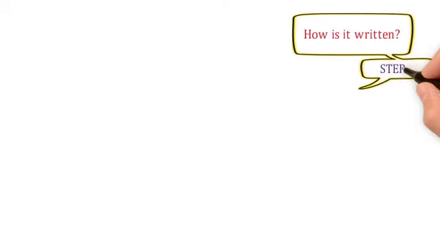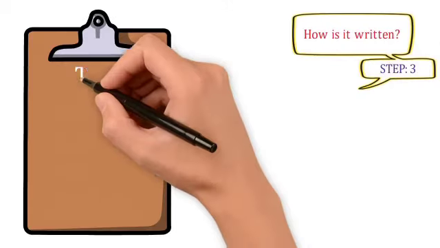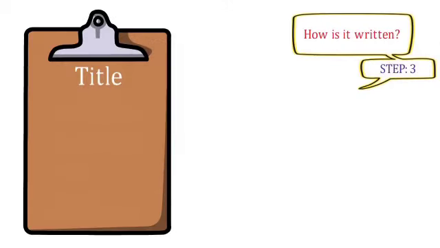Step 3. Now I have to think of a title. By looking at a title, people immediately get an idea about what I want to talk about. Remember, the title has to be precise. It means that it has to be to the point.